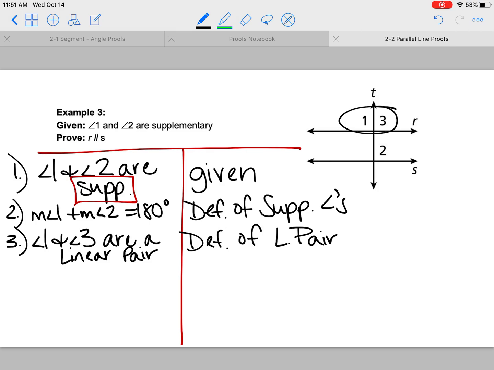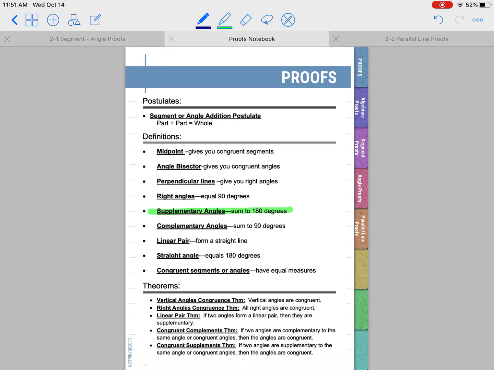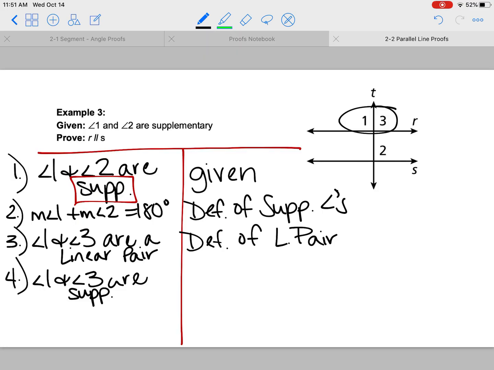Okay, so what else do we get from a linear pair? Not only do they make a straight line, but they are also supplementary. So if we know they're a linear pair, then we know that they are also supplementary. Okay, now if we go to our definitions here, supplementary says sum to 180. Well, if we go back here, we haven't said that yet.